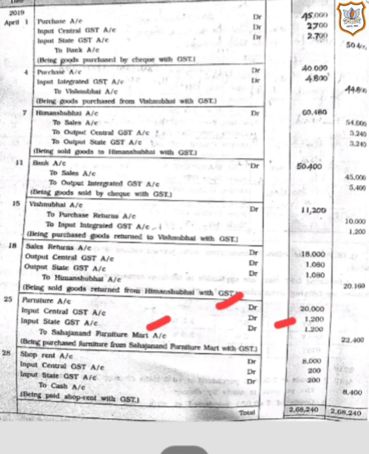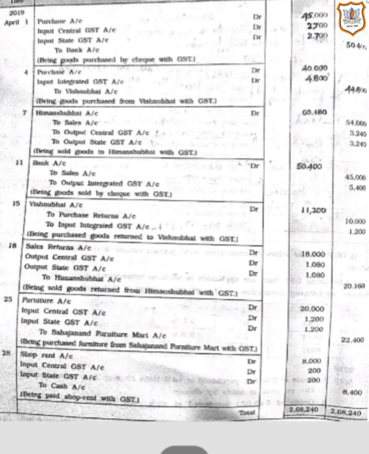And as Sajanand Furniture Mart is the supplier, he is the giver, so Sajanand Furniture account will be credited as per the rule of personal account by rupees 22,400, including central GST and state GST.